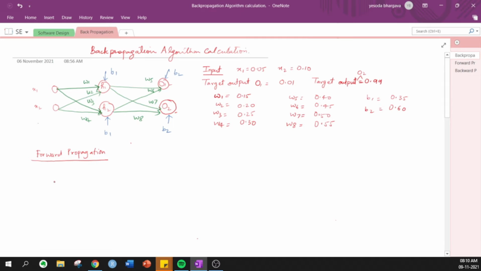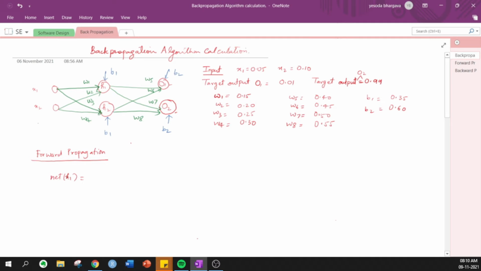First, I will write the basic formulas that we will be referring to later when we talk about backpropagation. Let us talk about how the inputs are forward propagated in the hidden layer. At first, we see the net of hidden layer neuron H1.